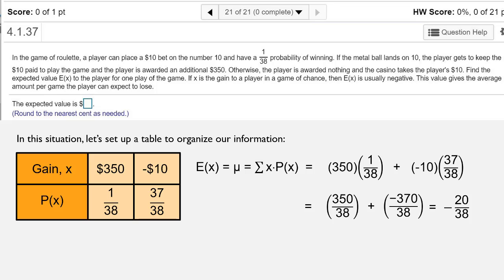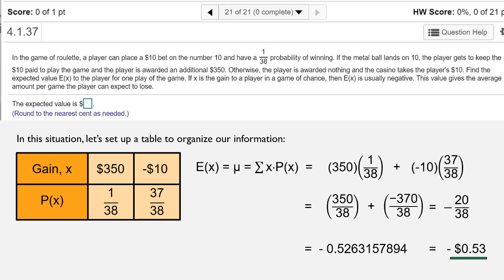So when we divide this out, we end up with negative 0.52631578994. But this is in dollars and cents, so we're going to round this to 2 decimal places. And so that's a loss of 53 cents. So the player can expect to lose 53 cents per play on average.